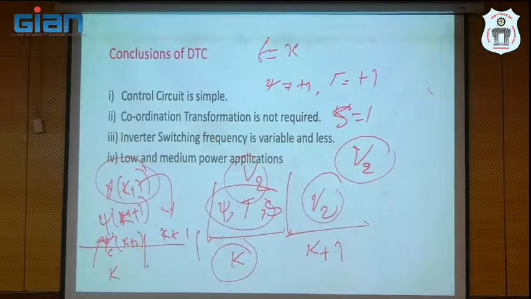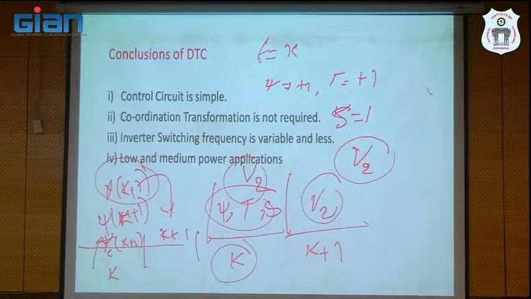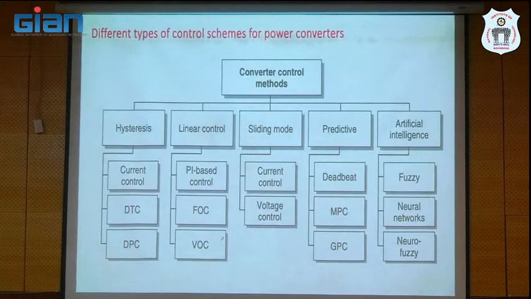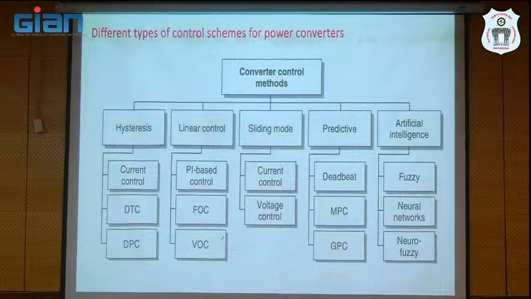There is a one sample delay between the previous sample and the current sample voltage vector. Because of this one sample delay, if you verify the response over the period, there are a lot of ripples. That's why later they proposed a lot of methods to eliminate the effect.